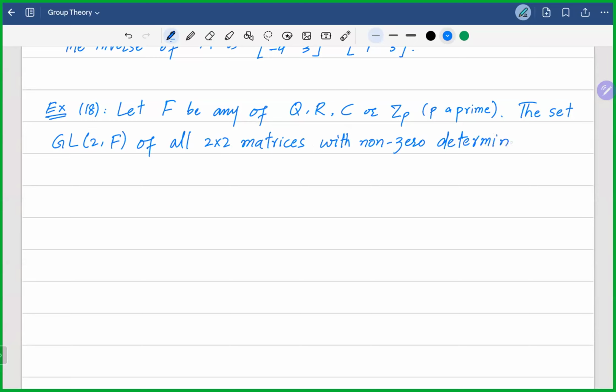Sorry, determinants, because we are in GLN. Determinants and entries from F is a non-abelian group under multiplication or matrix multiplication.